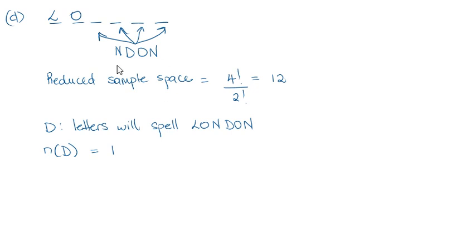One way of placing NDON in the other 4 slots, which means the probability that our letters will spell London is going to be 1 out of 12.